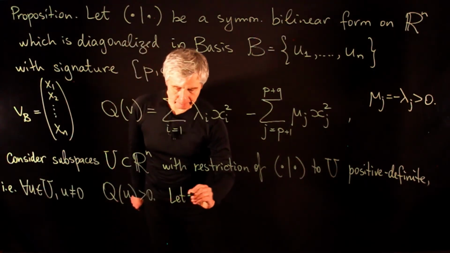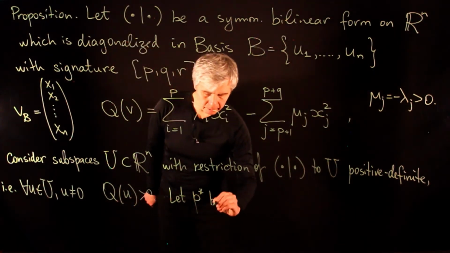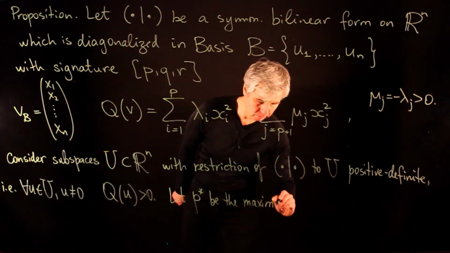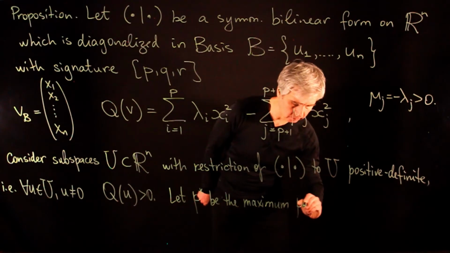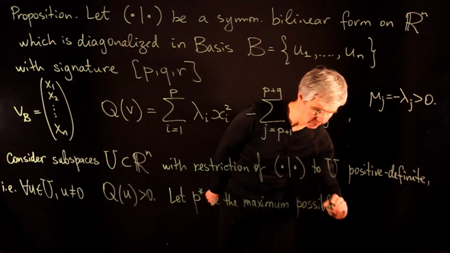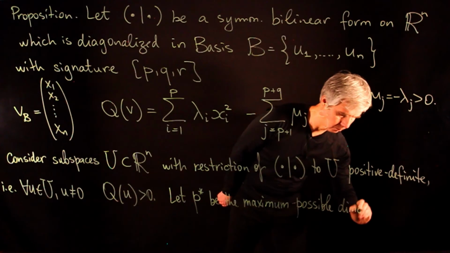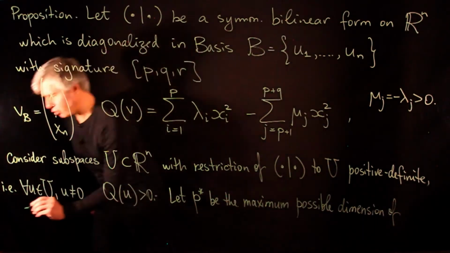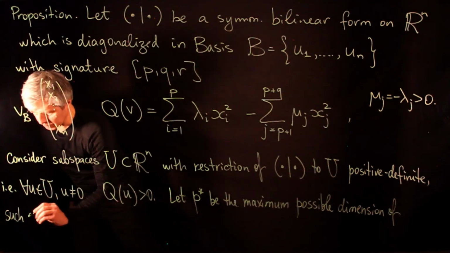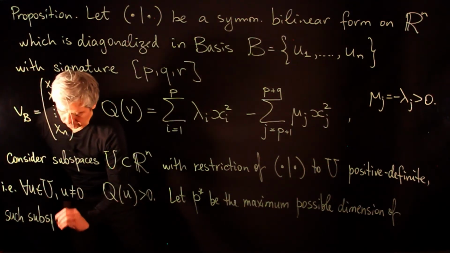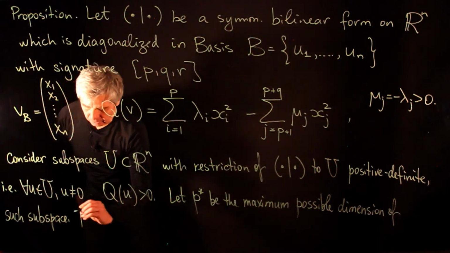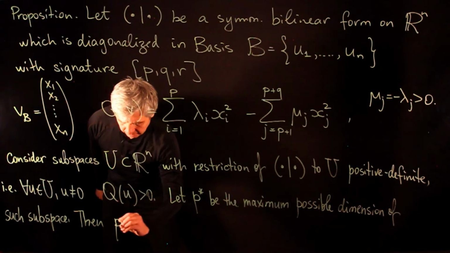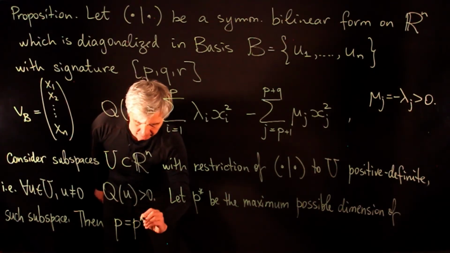Let P star be the maximum possible dimension of such a subspace. Then we claim that P is equal to P star.